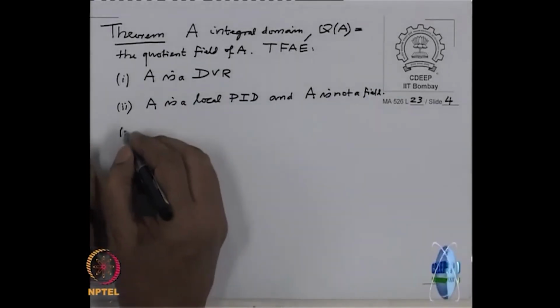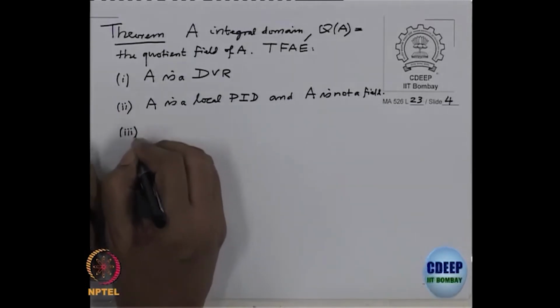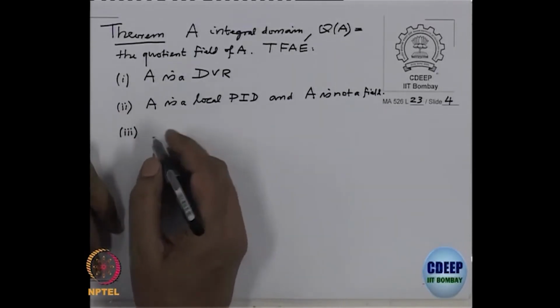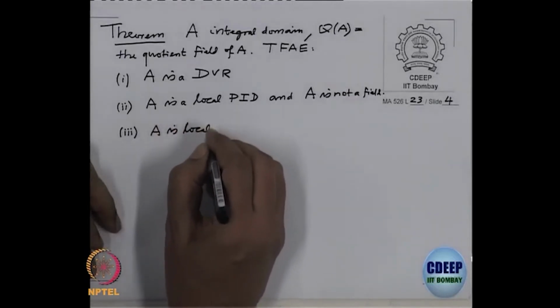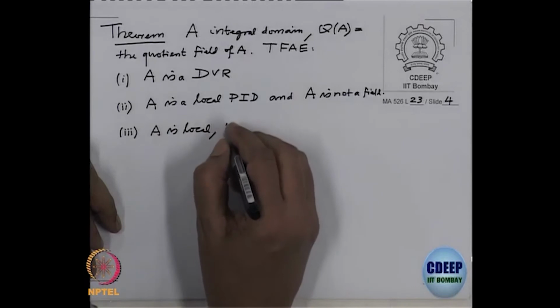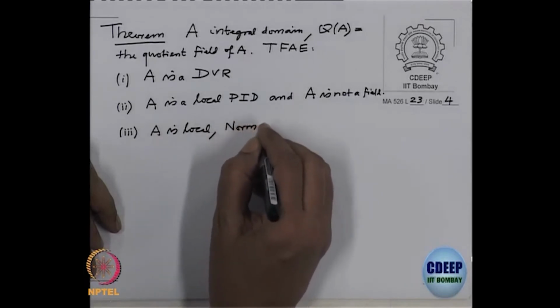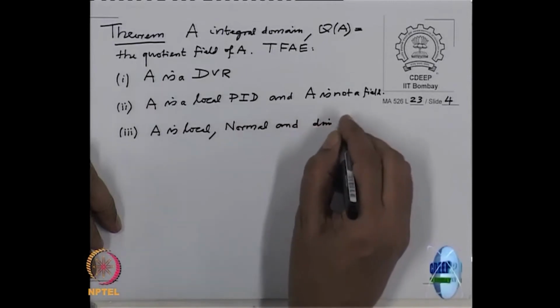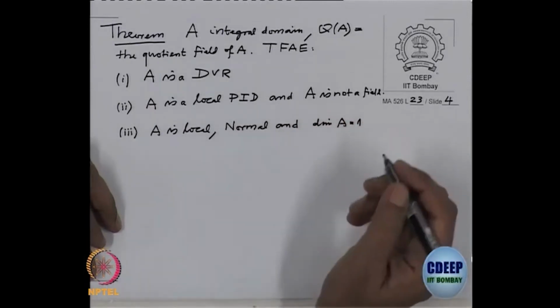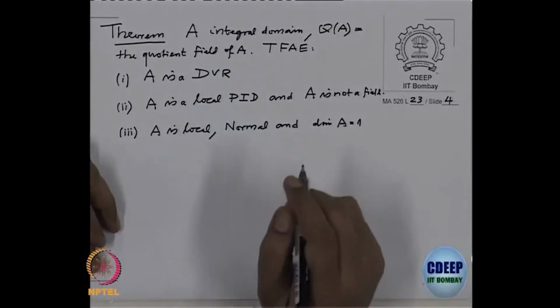Okay, three, A is local, normal, and of dimension 1. Dimension 1 means every non-zero prime ideal is maximal.